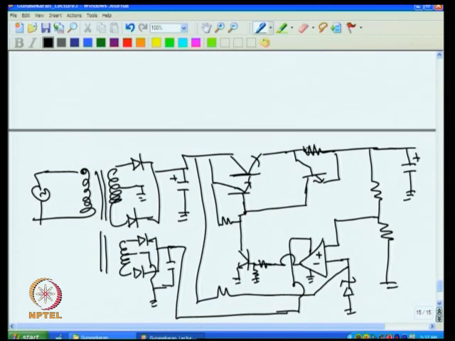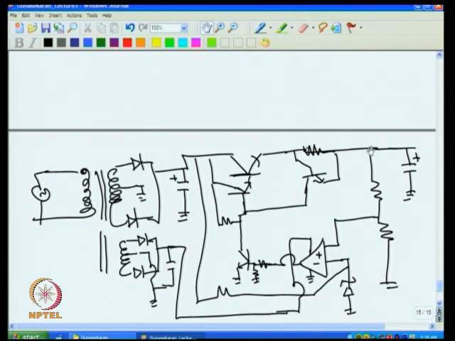Now this works as a high voltage regulator. What you have done is, instead of connecting the output to the base of this transistor, we have connected this output through this transistor and this resistance arrangement, such that you will get high voltage at this point, and that is transmitted here.